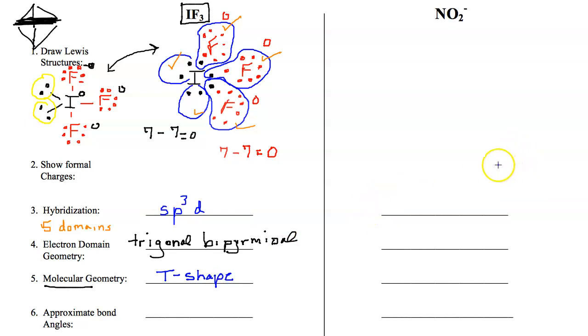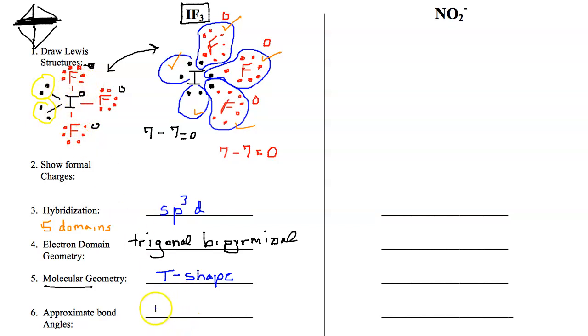Bond angles, and it's approximate. What we know about the trigonal bipyramidal is there's 120 bond angles in the equator position. But because of these lone pairs, there's not a bond here. So what you have left, if you can see this, is that these would actually be 90. The T shape is 90. So you could say 90, and from F to F, 180.